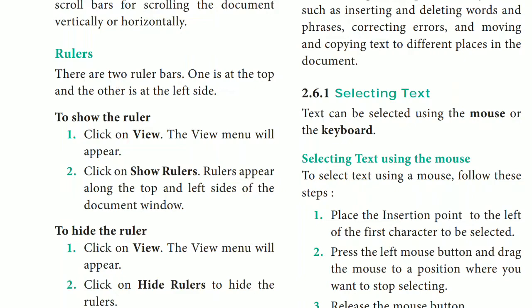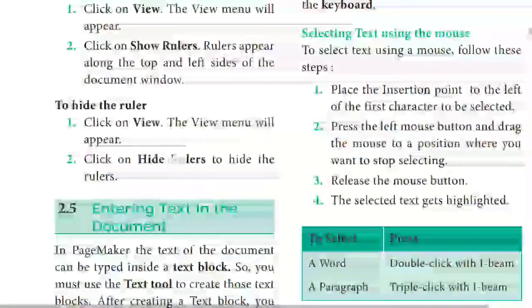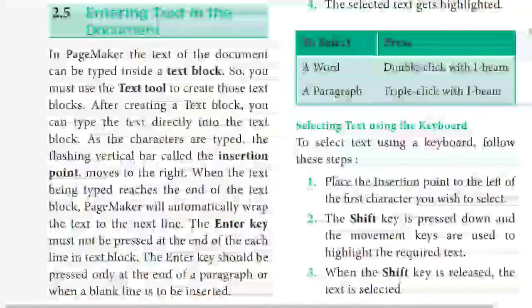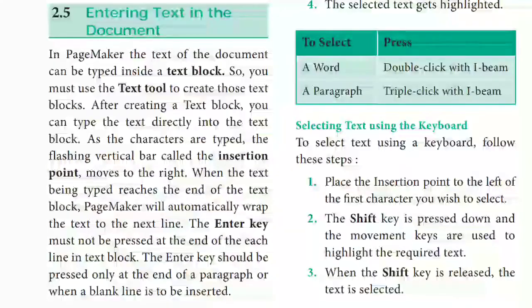Next is entering text into the document. In PageMaker, the text of the document can be placed inside a text block. There is a separate tool known as the text tool.